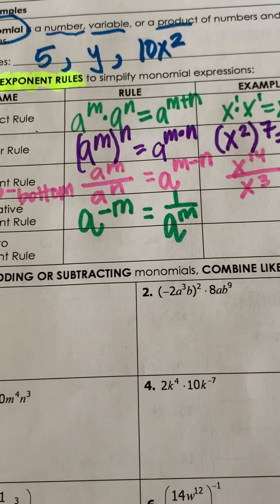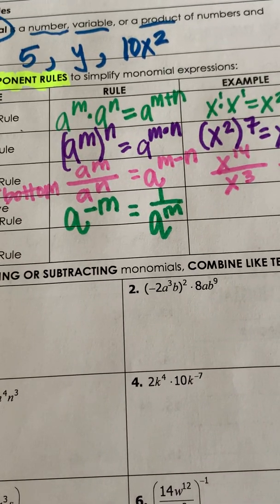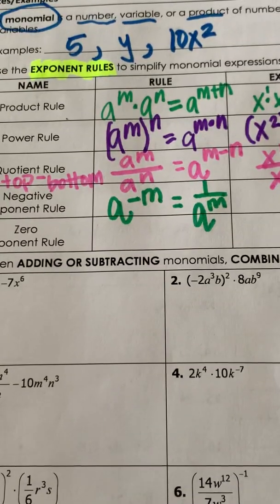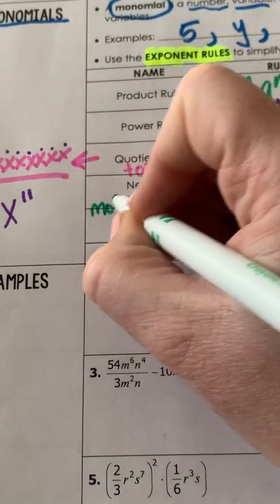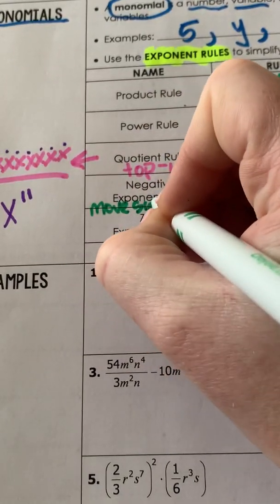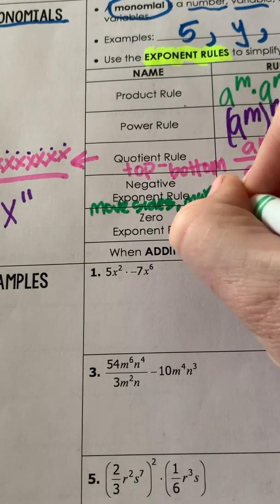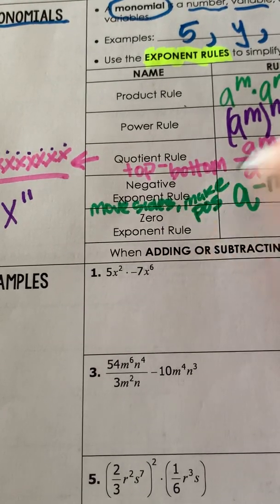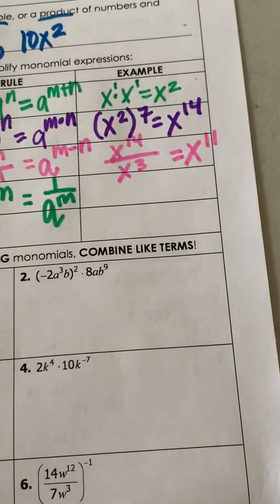So you kind of create a fraction if it's not there already and move it to the other side of the fraction and make it positive, okay? So let's say move sides, make positive. Okay, you're gonna move the side of the fraction, make it positive.